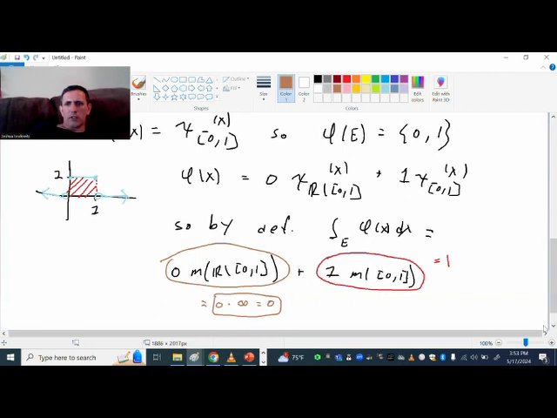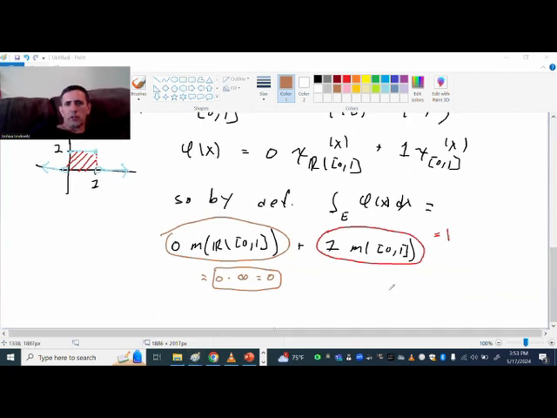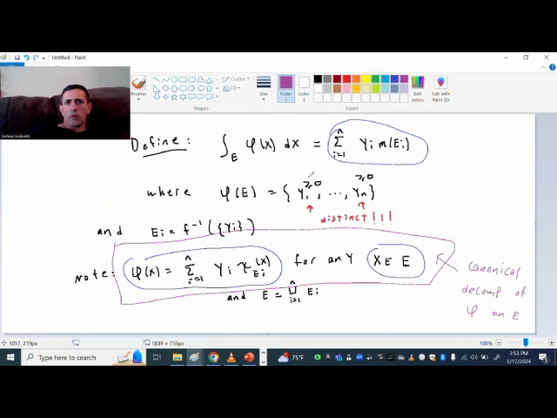Okay, and there's another subtlety that occurs when one of these y's, let's say yi, is infinity and the measure of Ei is 0.